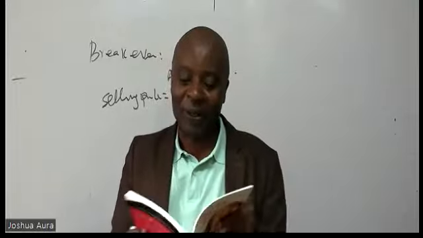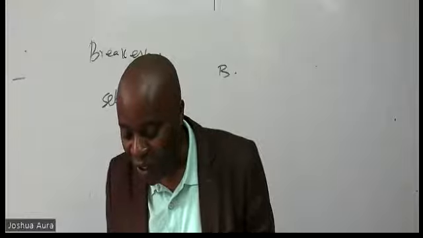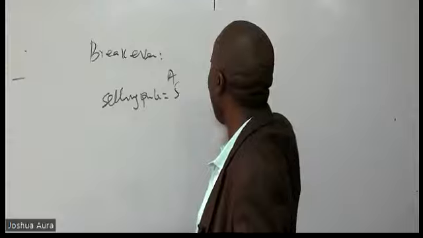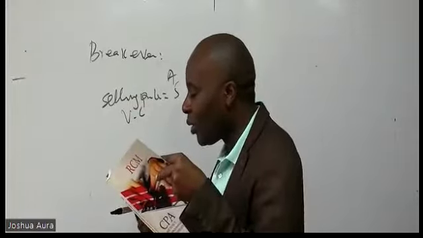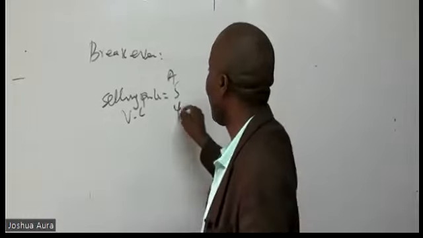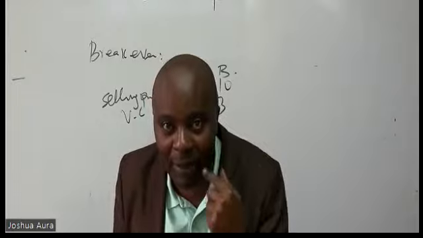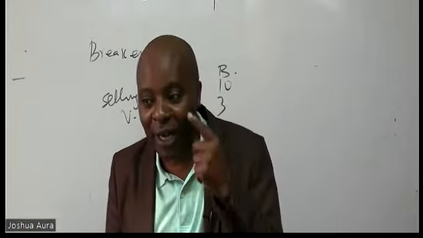So from note 1, additional information 1, are you able to see the selling price? Yes. Note 1, the selling price is 5 and 10, right? Variable cost for A, note 2, we can see 4 and 3. So when I see selling price and variable cost, what should come to my mind very fast?